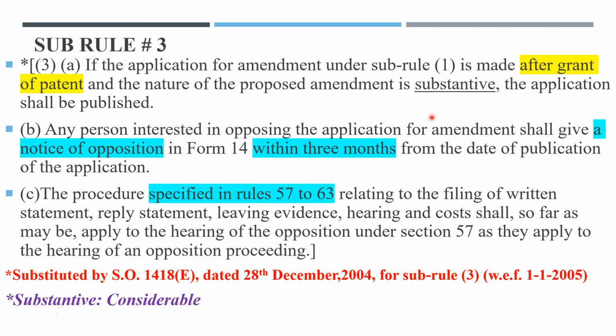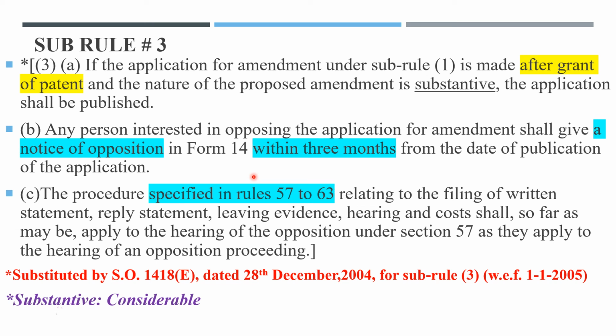Another case is, we can read it like this. Clause B says any person interested in opposing the application for amendment shall give a notice of opposition in form 14. Fine. If any person interested wants to oppose the application for amendment, he or she shall give a notice of opposition via form 14, and that too within 3 months from the date of publication of the application. Fine. This is another situation.